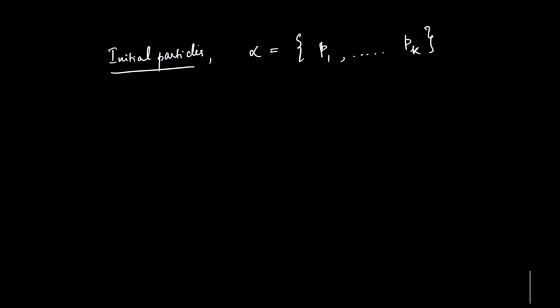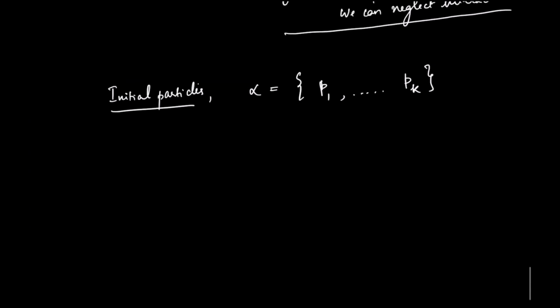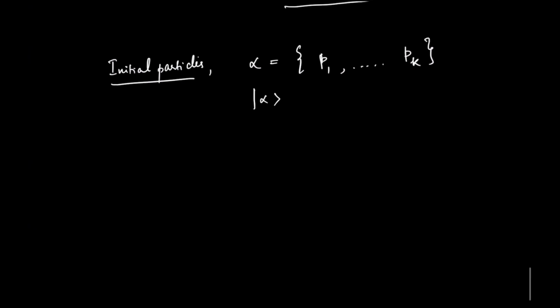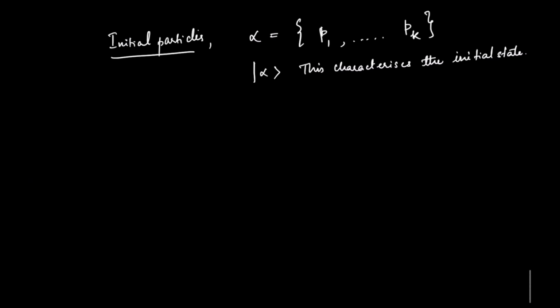So this also characterizes the initial state. So I can also represent it by state alpha. Okay, this characterizes the initial state. And similarly, you can also have for final particles, let it be beta.